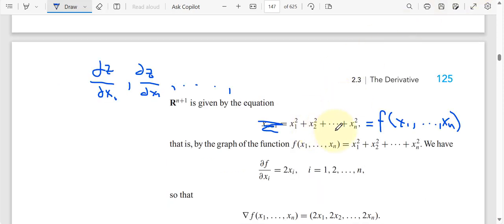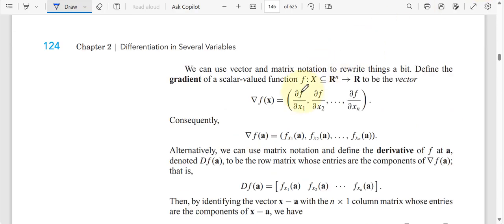Going back to here, the output variable is z, but we can call the function f if we want. So instead of saying the partial of z with respect to x1, z with respect to x2, we can say the partial of f with respect to x1, the partial of f with respect to x2, and so on.